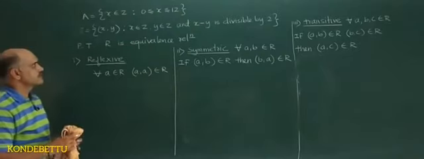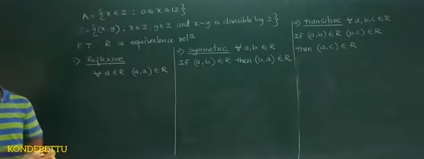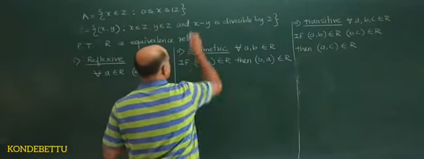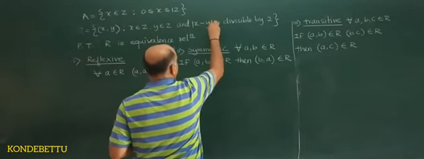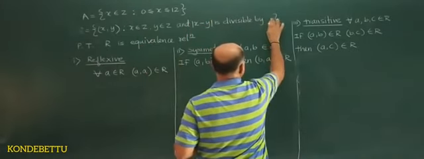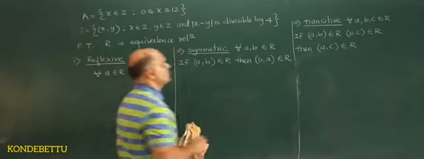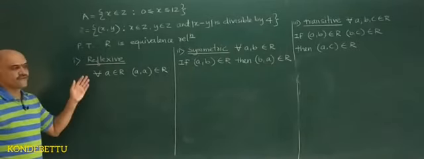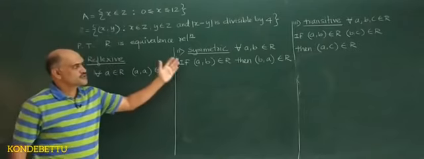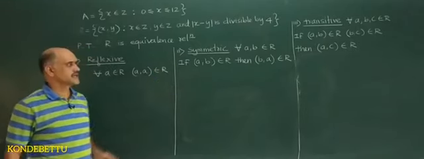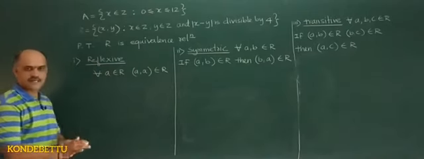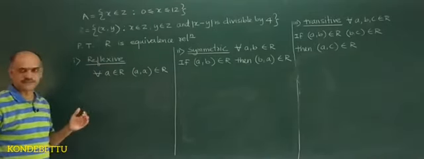So r is equal to x comma y, where x belongs to z, y belongs to z, and mod of x minus y is divisible by 4. You are required to show that it is an equivalence relation.